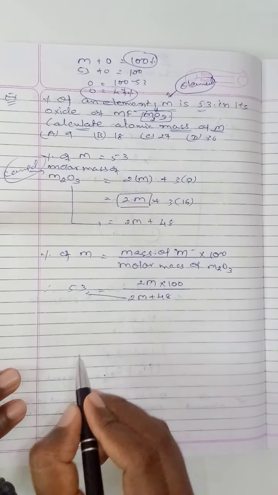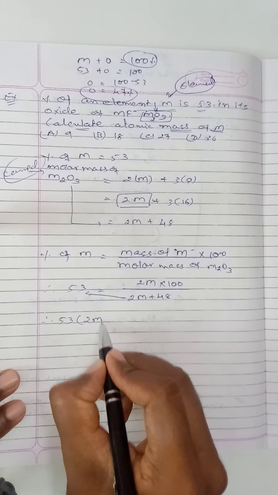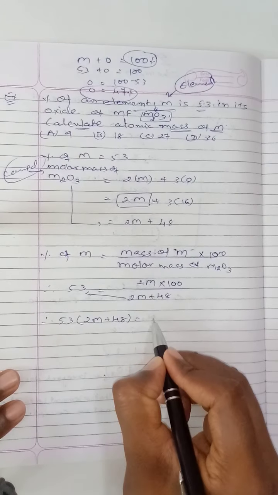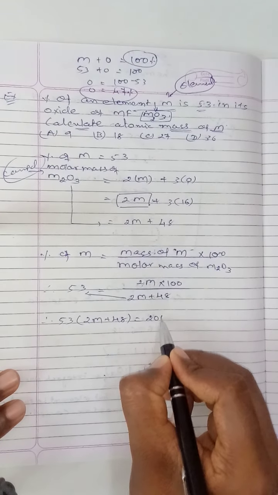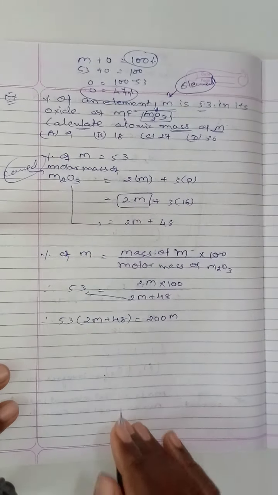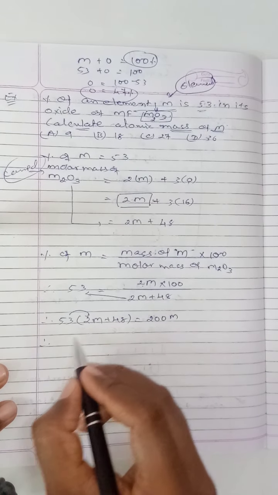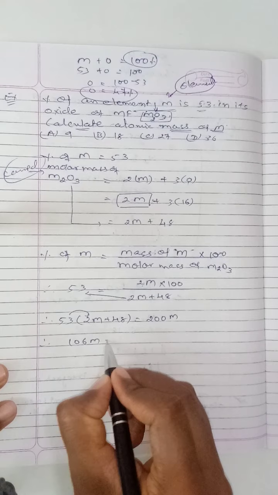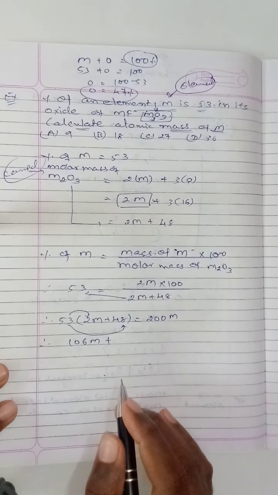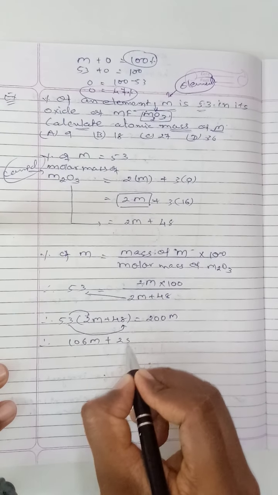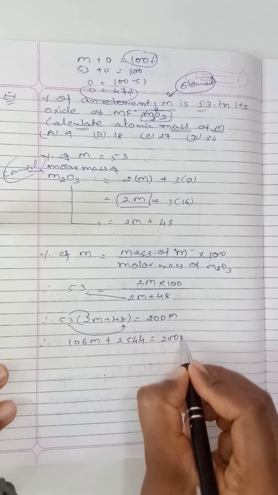Cross multiplication, therefore 53 into bracket twice M plus 48 equals twice M multiplied by 100, equal to 200M. Therefore 53 multiplied by twice M is 106M plus 53 multiplied by 48, that will be 2544, equal to 200M.